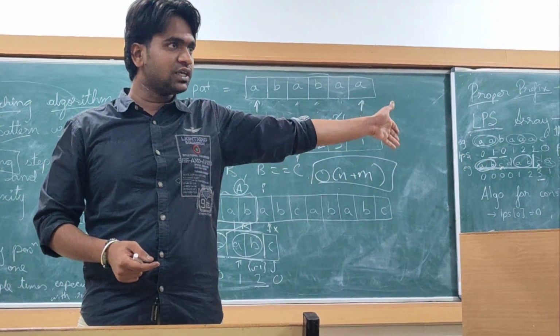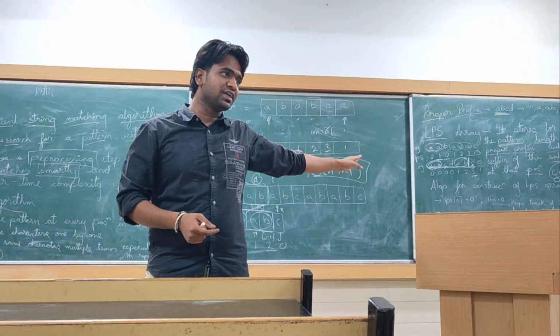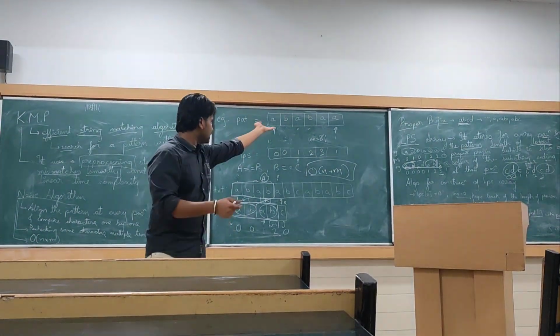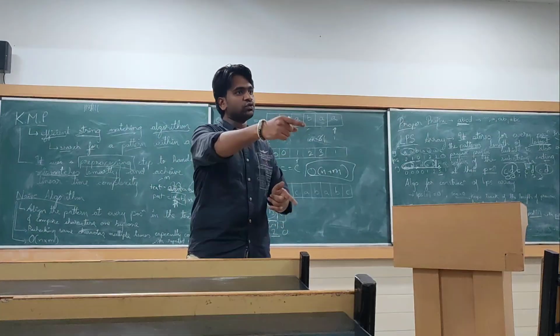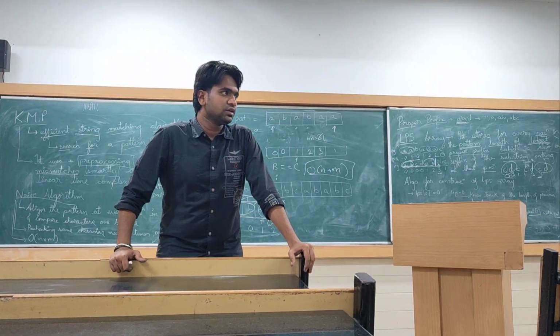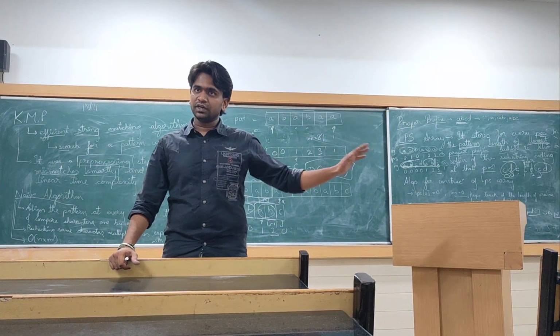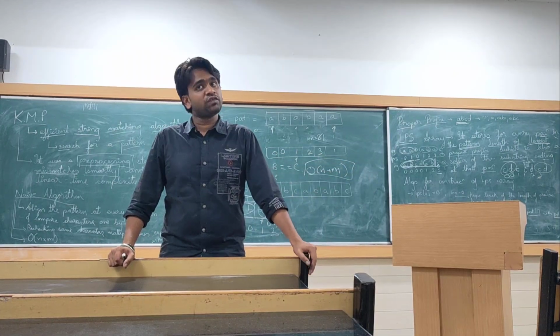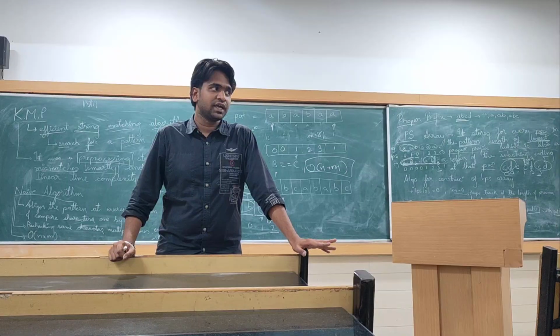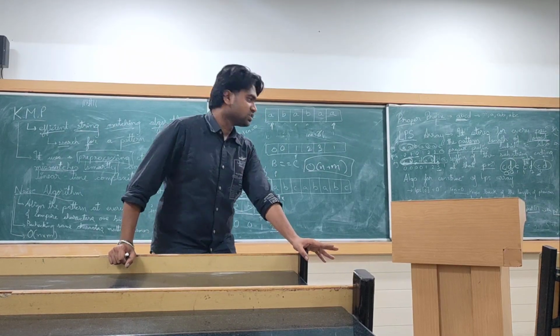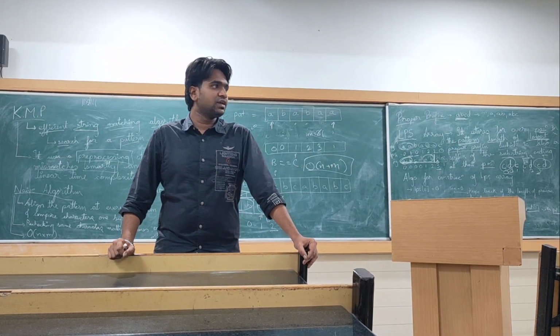Initialize length equal to 0. There are 3 different cases. And finally, what is the benefit of computing the LPS array? You can skip those characters and move directly ahead. So it doesn't become n into m. It gives you linear time complexity, which is O of n plus m. Pattern matching is used in a lot of cases: text editors, compilers, or search algorithms. Very clear?